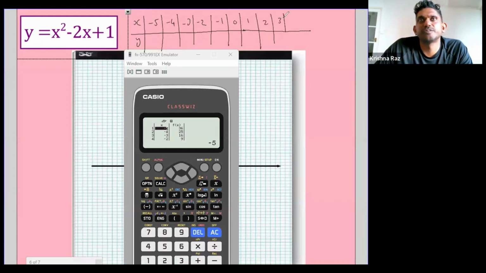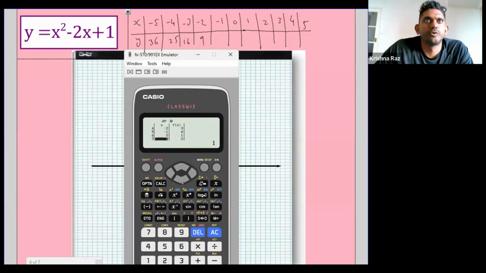In an exam, you're often asked to copy and complete the table, so they'll give you some of the values. You can see that when x is -5, f(x), i.e. y, is 36. When it's -4, we get 25. -3 is 16. Then 9. And I'm just going to scroll down the calculator to get the other values.